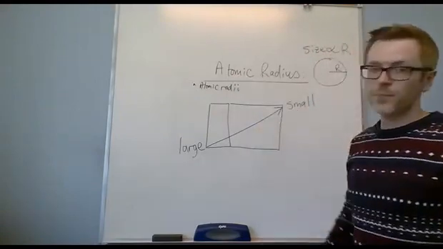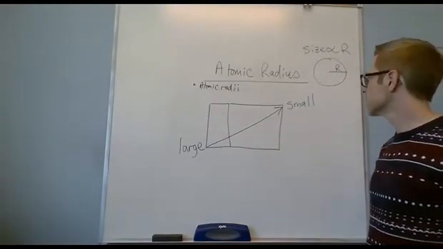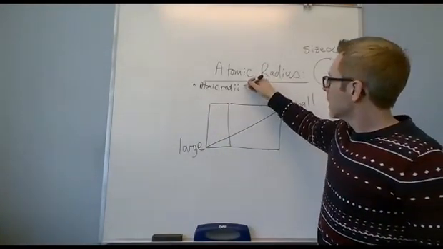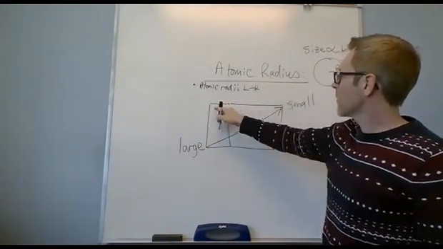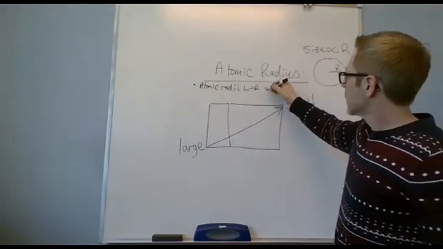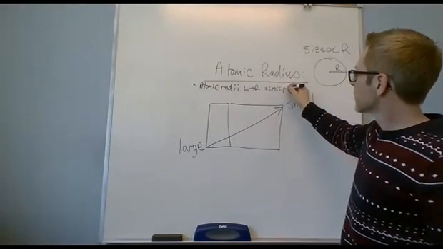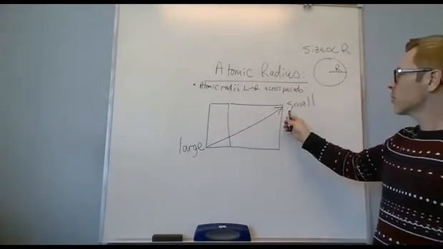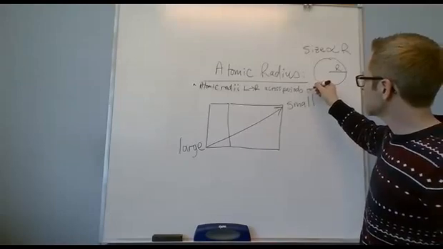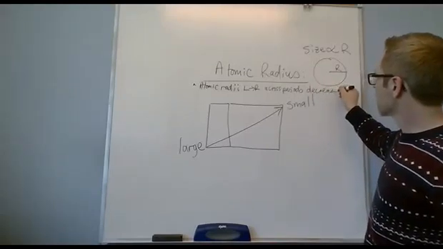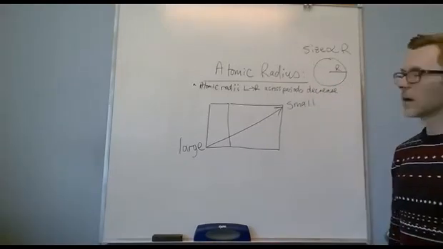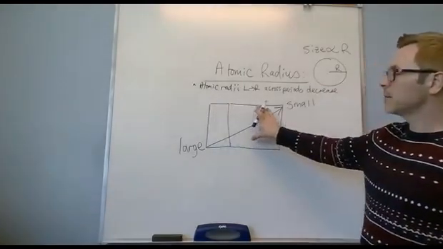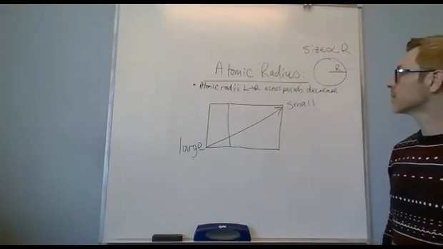Atomic radii, left to right across periods: if you're going left to right, you're headed towards the small end, so the radii decrease. Atomic radii left to right across periods decrease, and this is any period in the s and the p blocks.